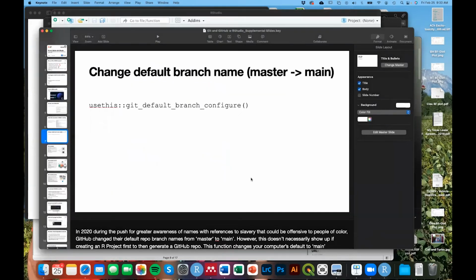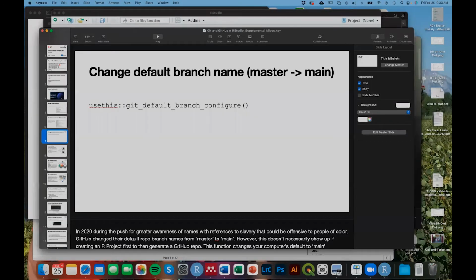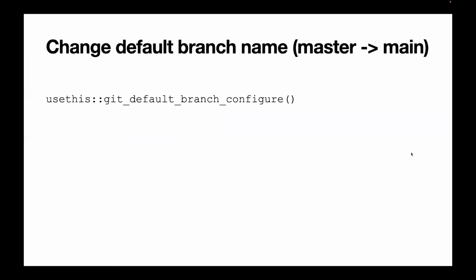Okay, and one thing that used to be a thing. So there are what are called branches, and I'll discuss these in a little bit. But the default name for a branch would typically be master.